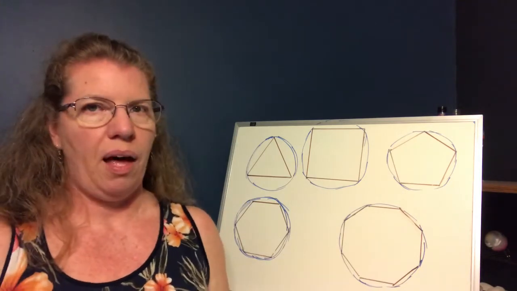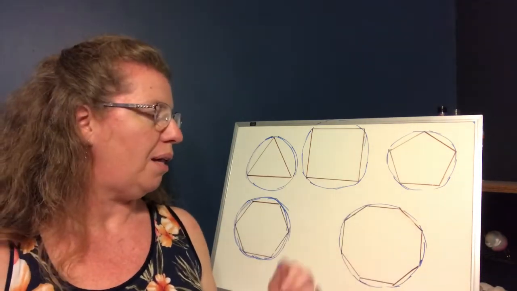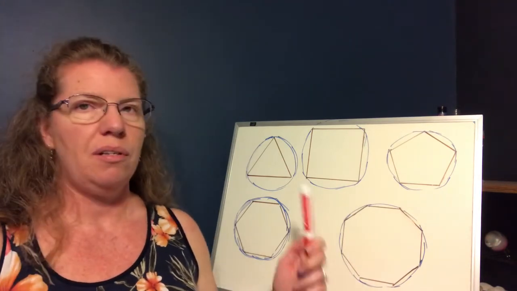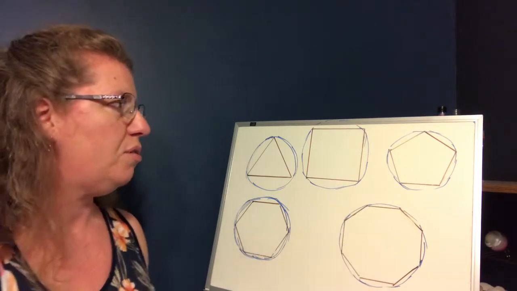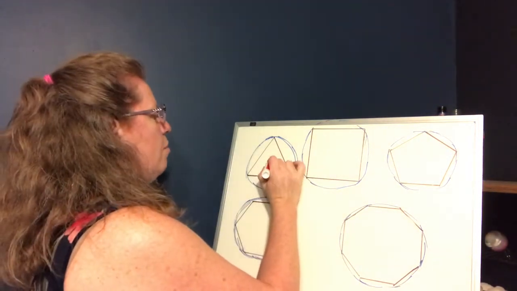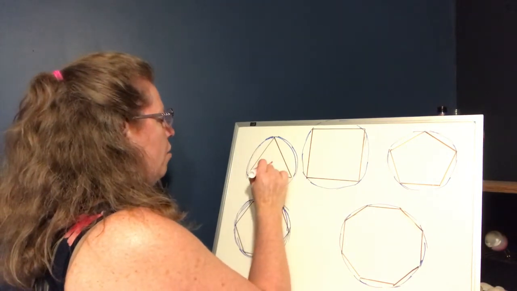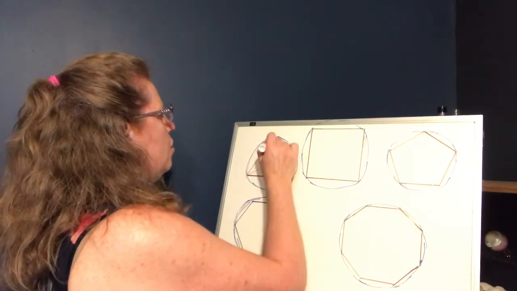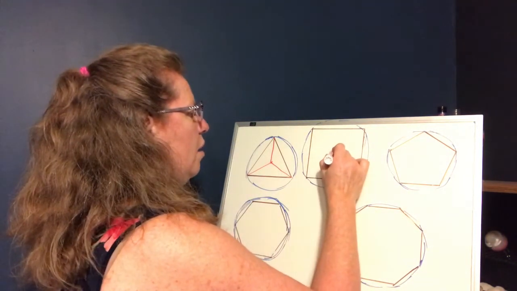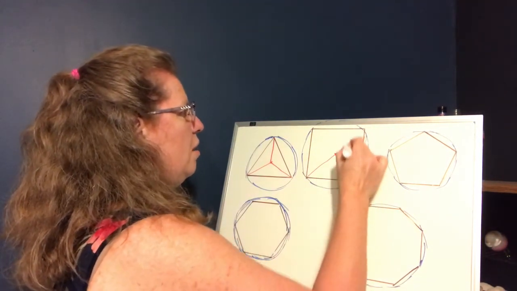Because of that, every polygon has a center and a radius. It matches the center and the radius of the circle that it is inscribed in. So let's take a look at this. I draw my center here, and I draw the radius to the vertices. See if you notice something when I draw each of these.